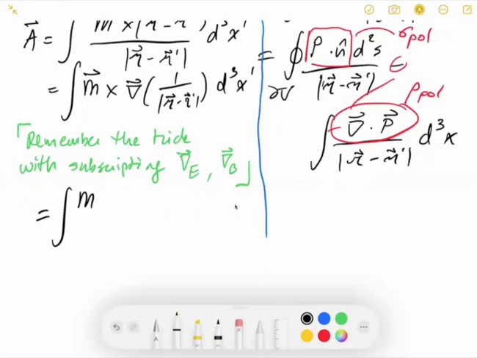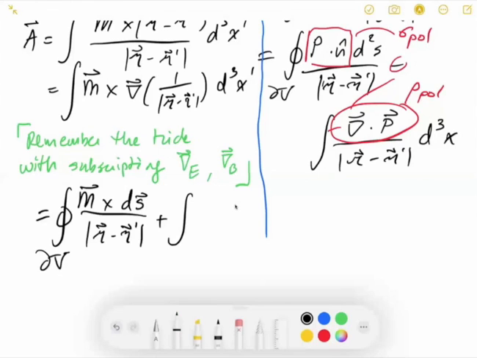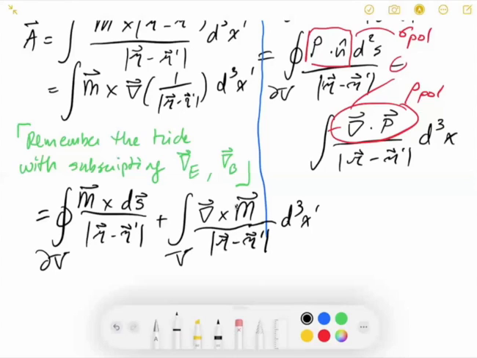So we'll have m crossed with dS over r minus r prime, and that is integrated over the edge of that volume, plus the volume integral of the curl of m over r minus r prime, d3x prime, and there's probably a prime here as well. Okay.